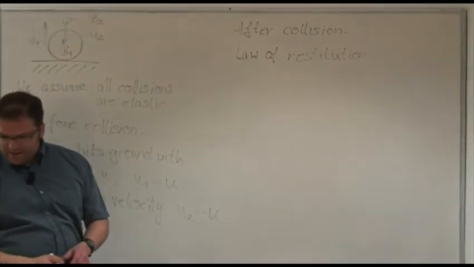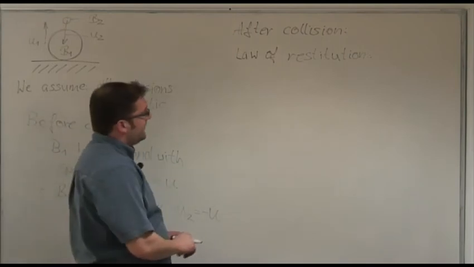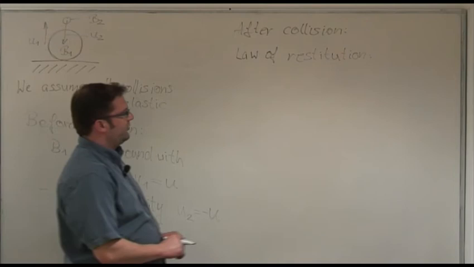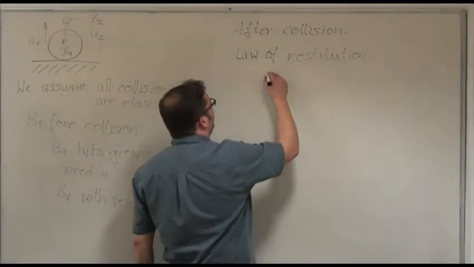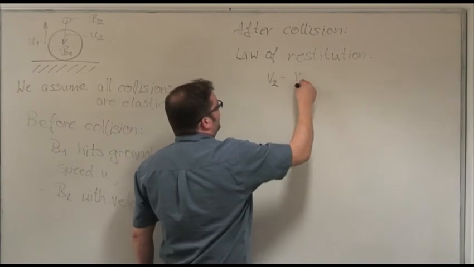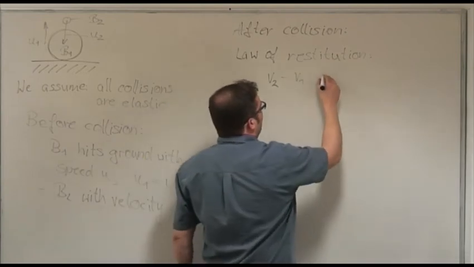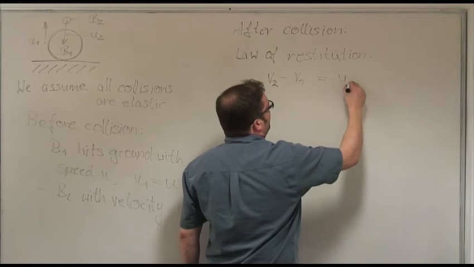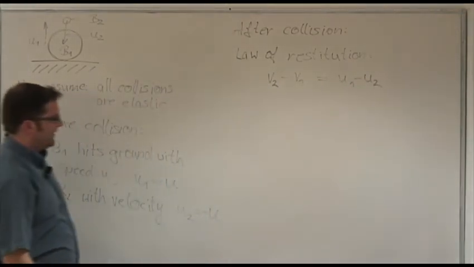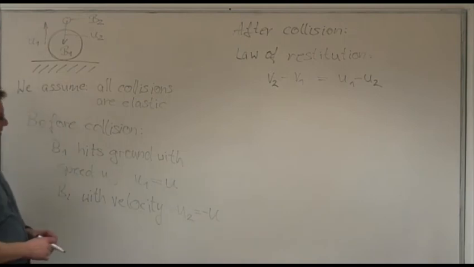This law tells us that the speed of separation is the same as the speed of approach. So we can write this as follows. The velocity of the ball B2 minus the velocity of the ball B1 after the collision is the same as u1 minus u2. Remember that the coefficient of restitution is 1 because we assume elastic collisions.